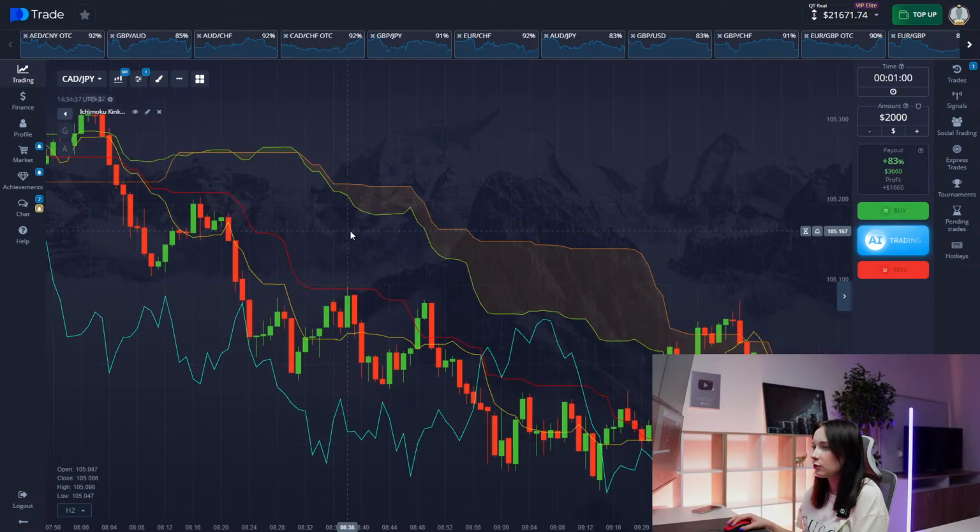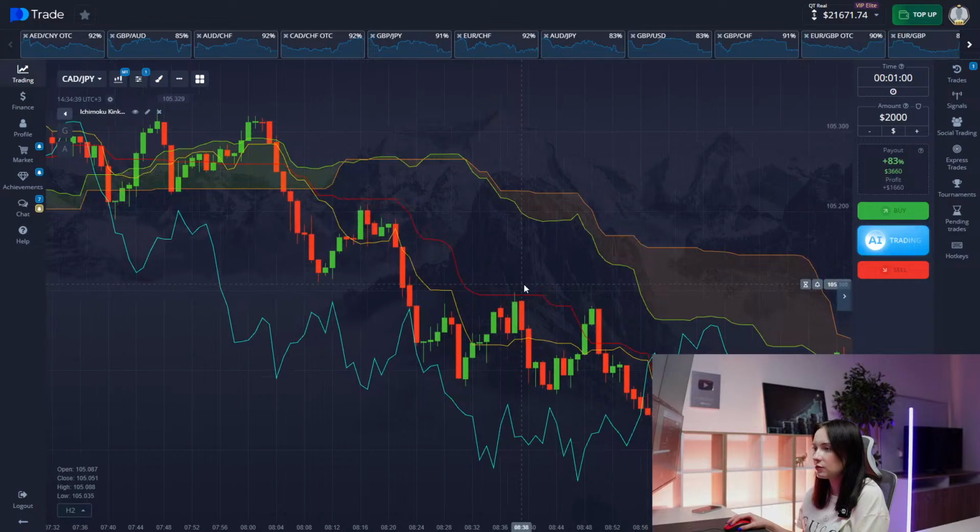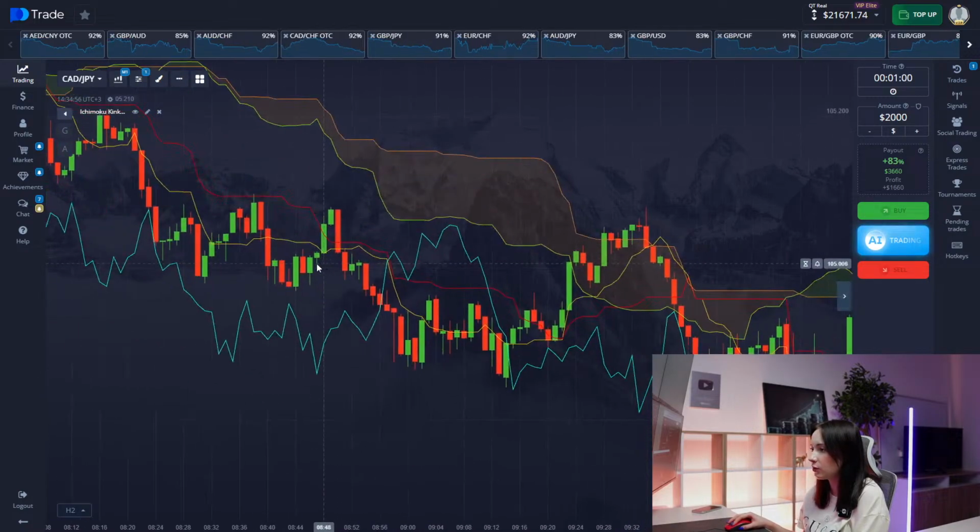And of course, you go to the crossovers. Here the conversion line, the blue line, crosses below the baseline, the red line. That also means opening a sell position, for example for 30 minutes, because you're seeing here a gradual trending of the currency pair chart in a downward position.